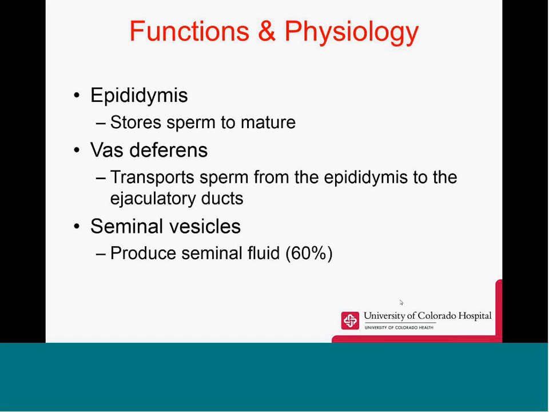The prostate produces 30%. The testes produce about 5%. And then the bulbourethral glands produce about 5% as well. These mucinous secretions prior to ejaculation lubricate and reduce the acidity in the vagina and urethra. The seminal vesicle secretions contain protein and enzymes that provide nutrients and energy for the sperm.